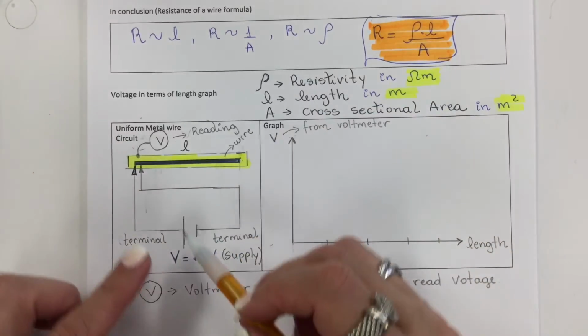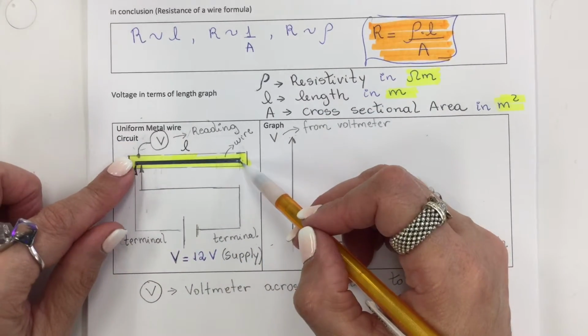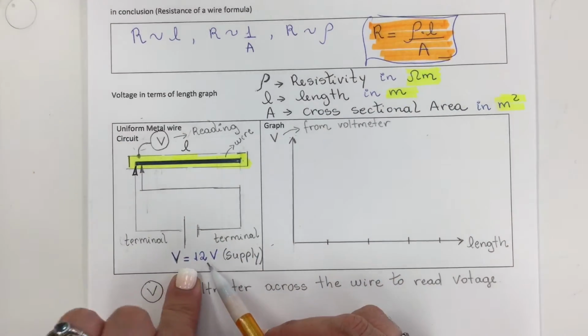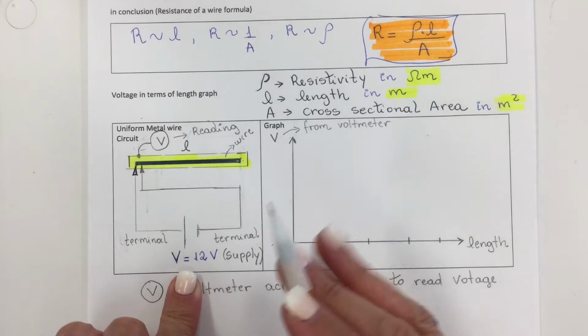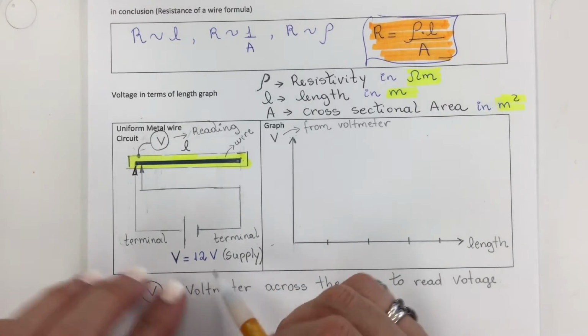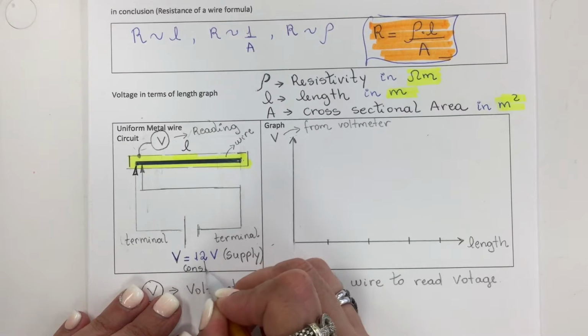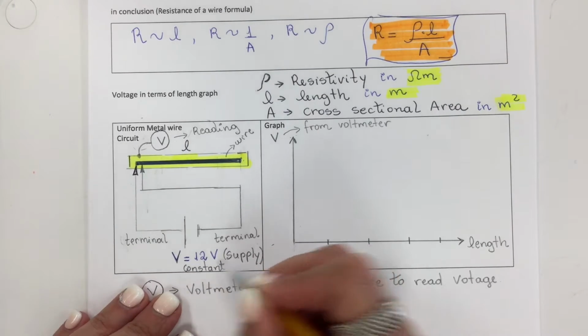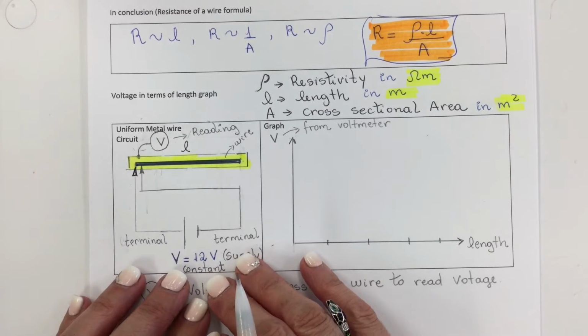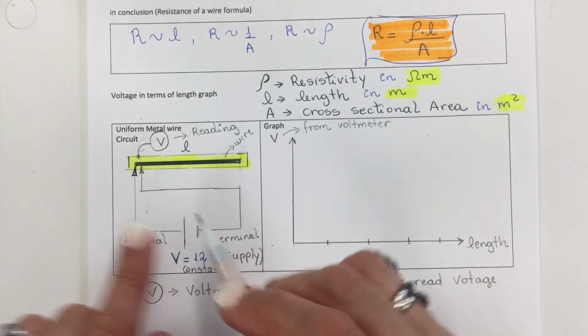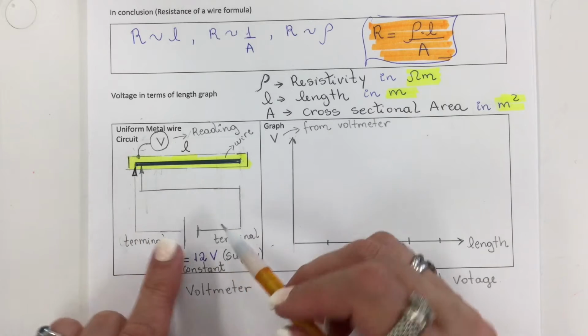Then I'm going to supply to this wire a voltage, let's say hypothetically 12 volts. So this one is going to be constant, constant 12 volts.